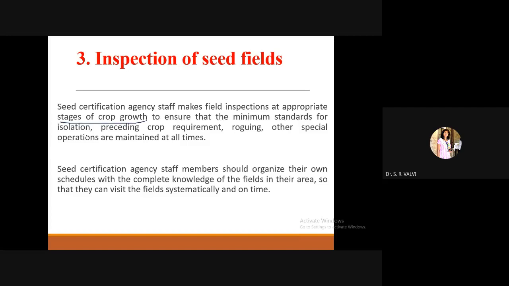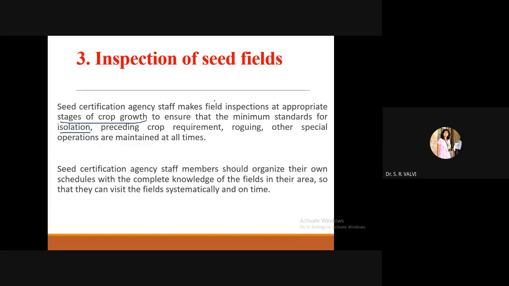This should happen. Then they should check the minimum standards for isolation. As I said, the field should be isolated. Then preceding crop requirements: the pre-requirements for the particular crop to be grown in a particular field should be considered. Then rogueing is the removal of plants that have lower standards compared to the standard crop, plants that do not meet all the conditions of seed certification.